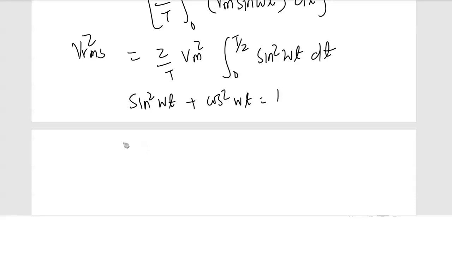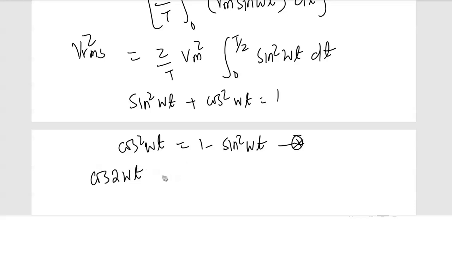And cos 2 omega t is the same as cos squared omega t minus sine squared omega t.